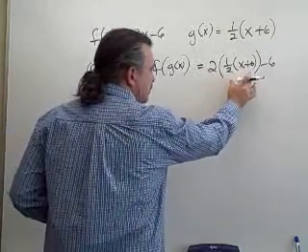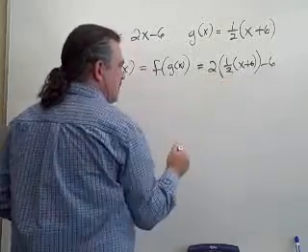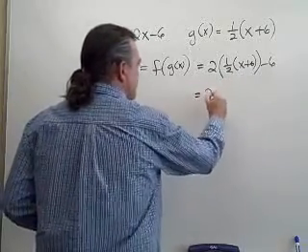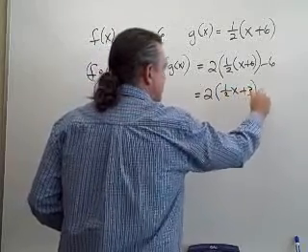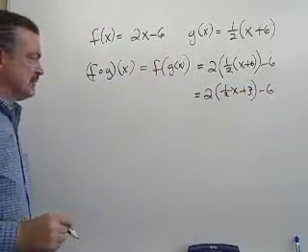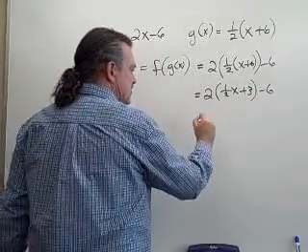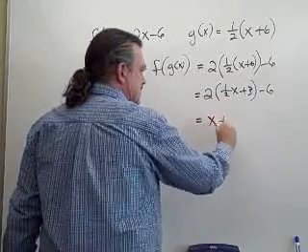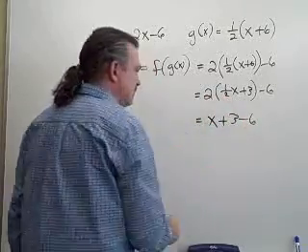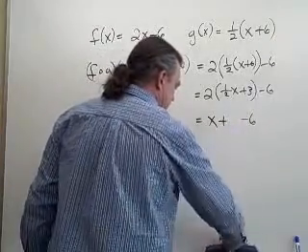So we can multiply through, getting rid of the interior parentheses first there. So that would give us 1/2 x plus 3. Then multiply through to get rid of the exterior parentheses we had there. 2 times 1/2 x is x. 2 times 3 is 6.